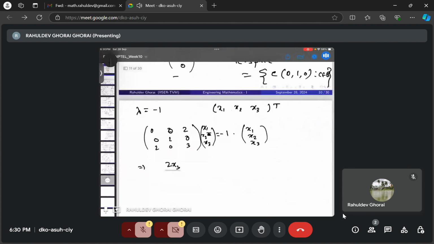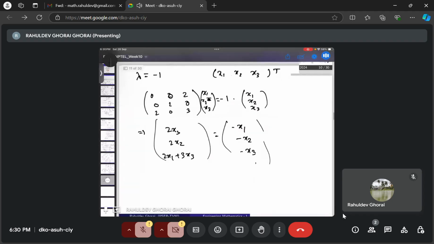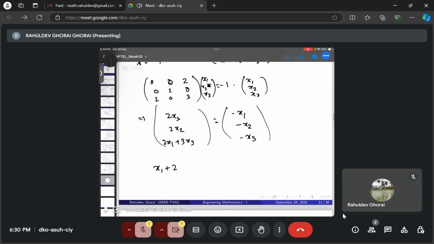And here what you get is 2x3, 2x1 plus 3x3 has to be equal to negative of x1, negative of x2, negative of x3, right? What does that imply? x1 plus 2x3 has to be 0, 3x2 is equal to 0, 2x1 plus 4x3 is equal to 0.